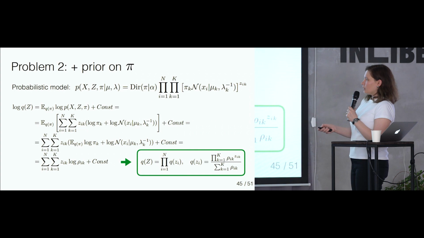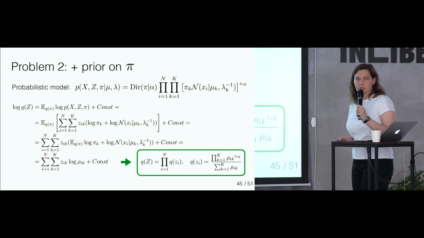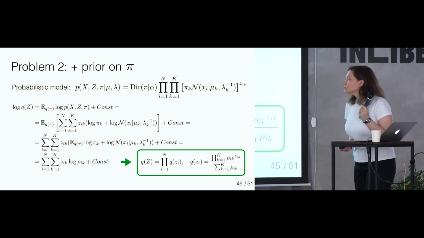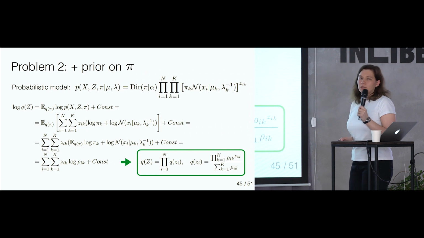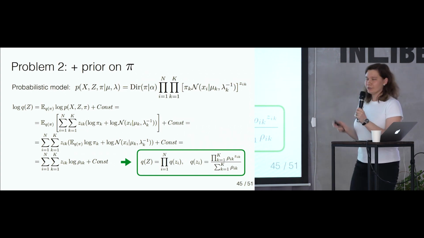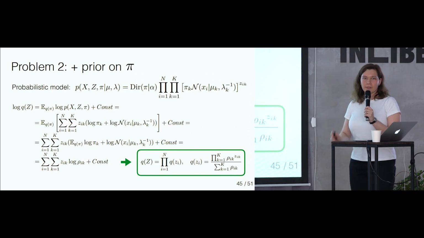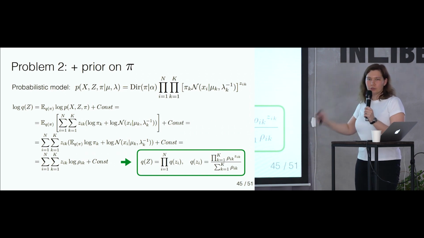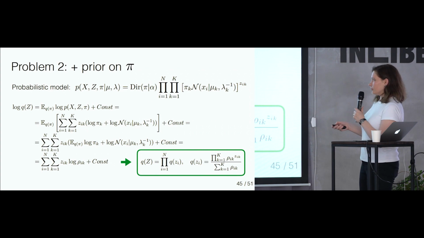Therefore, I put this expectation inside the formula. Don't worry, we will understand it in 1 minute. For now, it's just an expectation with respect to some distribution which we don't know yet of the logarithm of P.